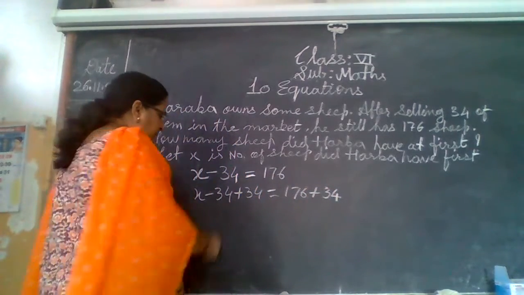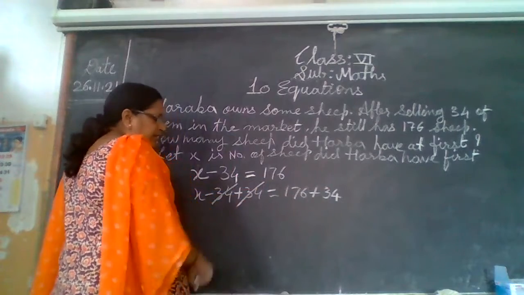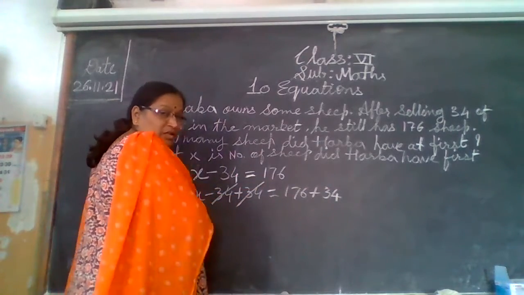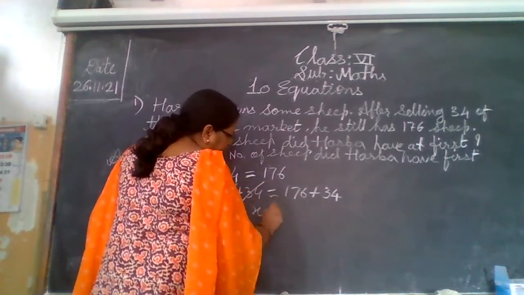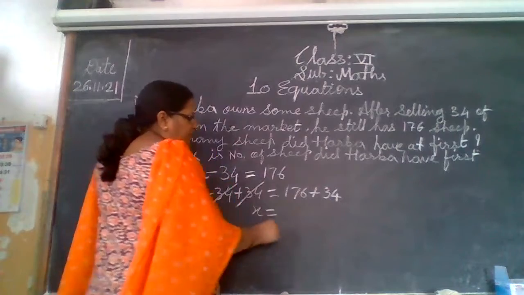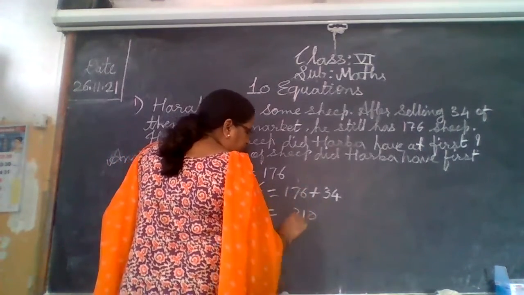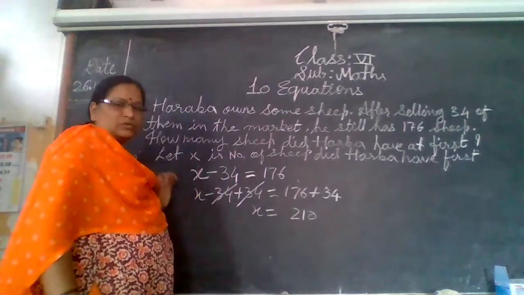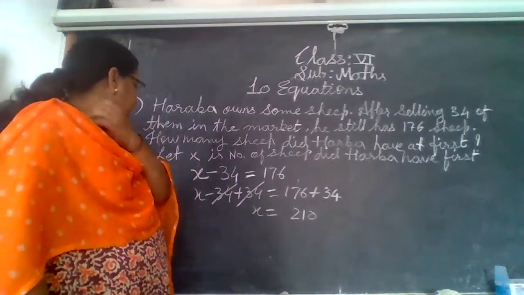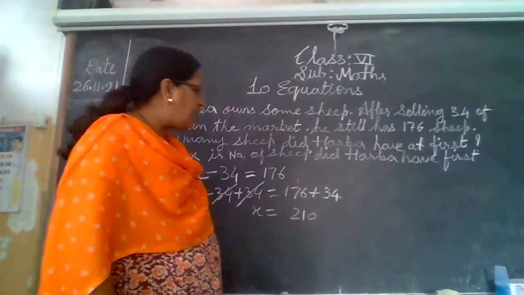Got it? Minus 34 plus 34 cancel. What is left now? Only x is left. 6 plus 4, 10. So 210. So how many sheep did we have at first?